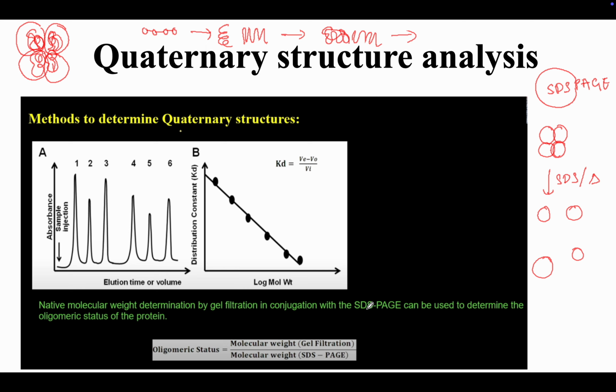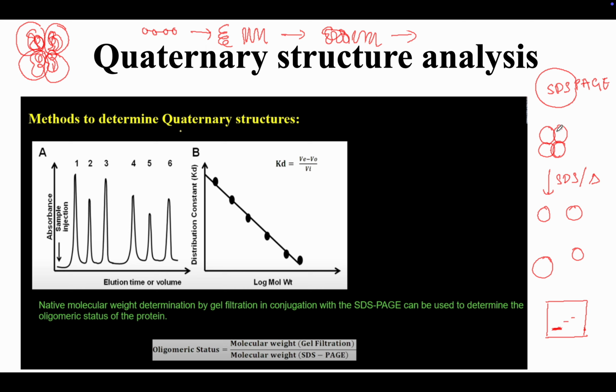Now these subunits can be analyzed by either SDS page, or we can do different chromatographic techniques also. With SDS page we'll get different bands if these subunits are of different molecular weight, or we can get only one band if these are of the same molecular weight.